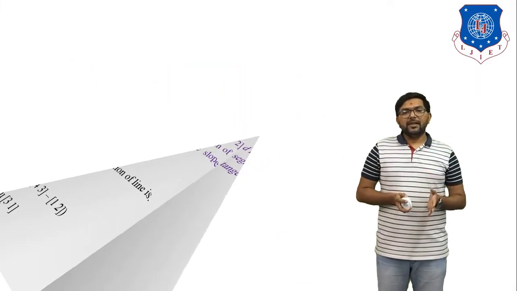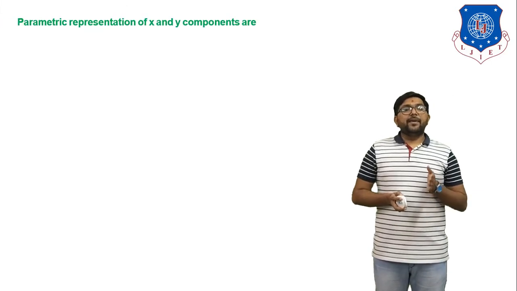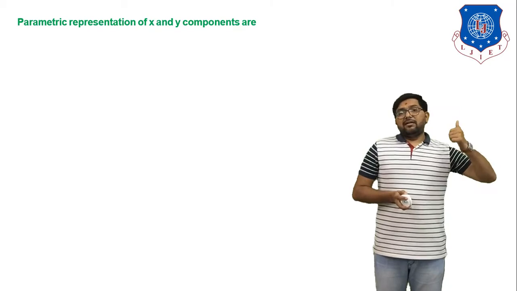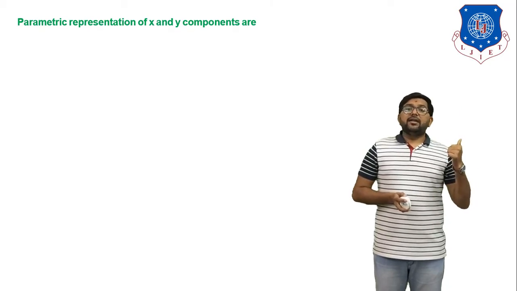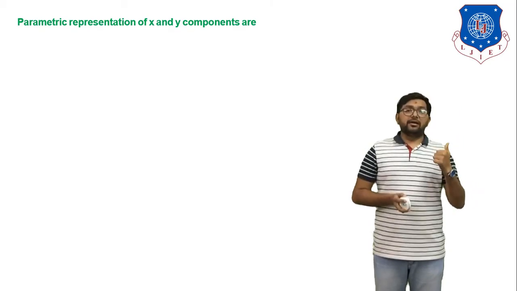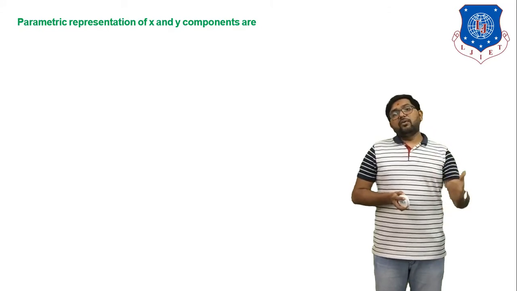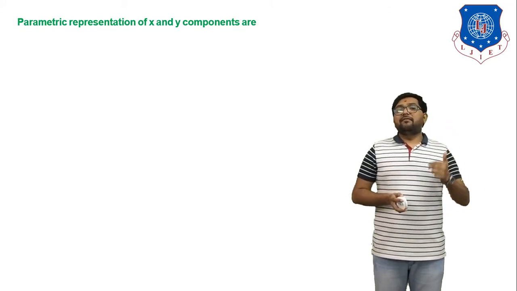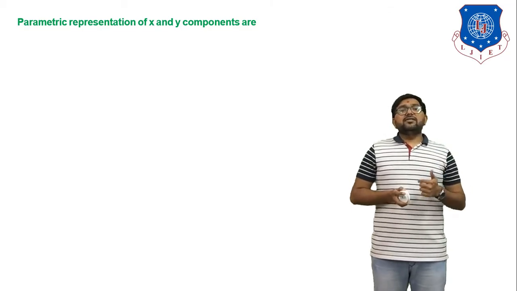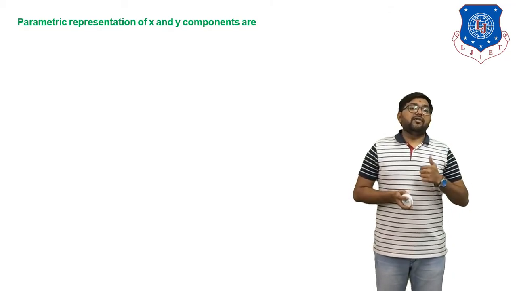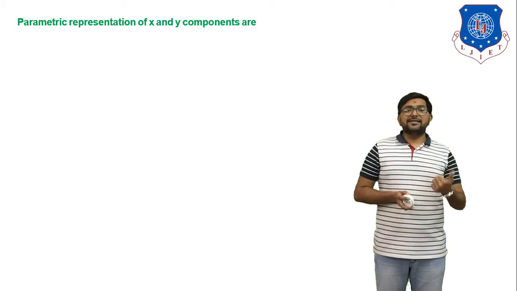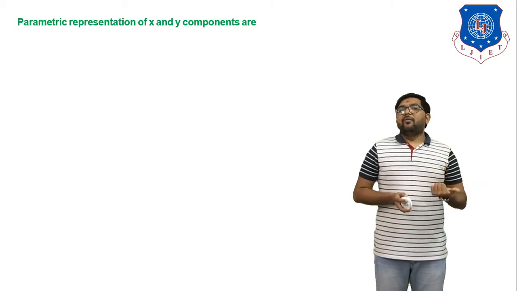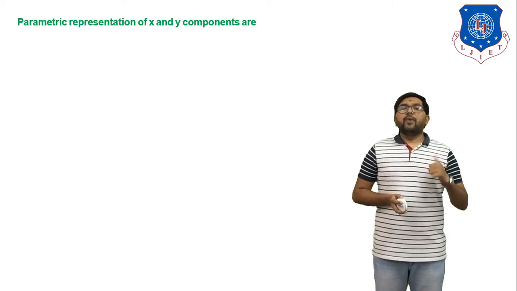Okay. Now the next thing, the parametric representation of the x and y components. In the last slide we derived the parametric equation in terms of the vector p. Now we have to define this parametric equation in the form of x and y coordinates. So what is the equation of the parametric representation in the form of x and y coordinates? That is x is equal to x1 plus u times (x2 minus x1), and y is equal to y1 plus u times (y2 minus y1).